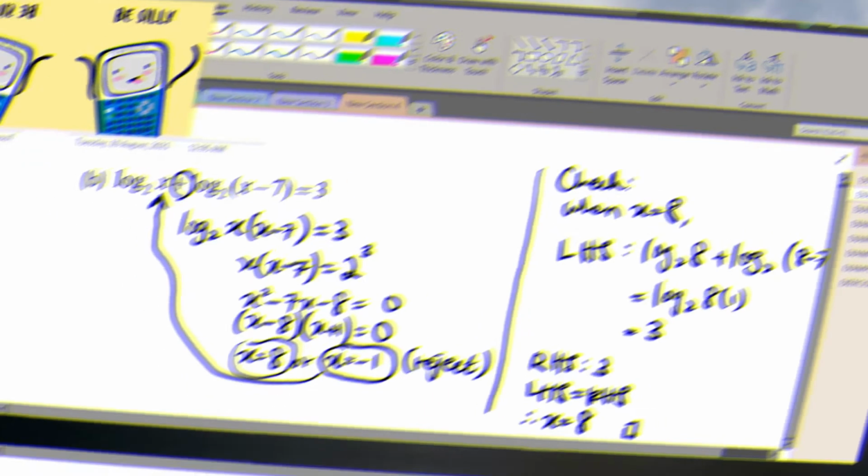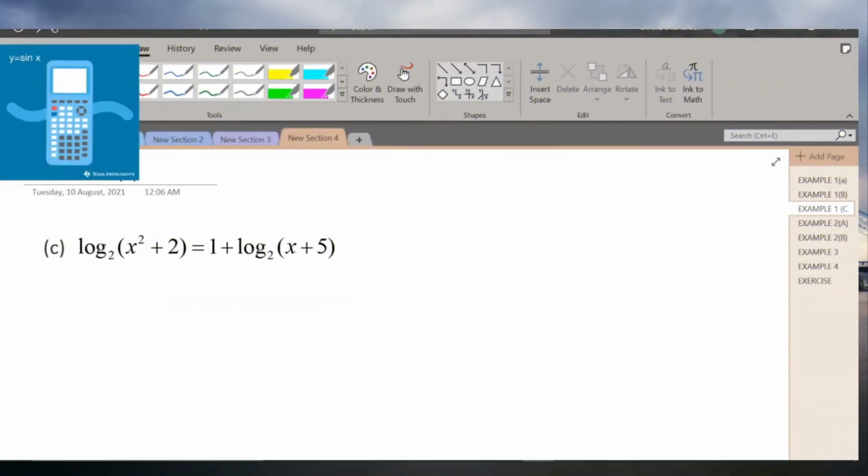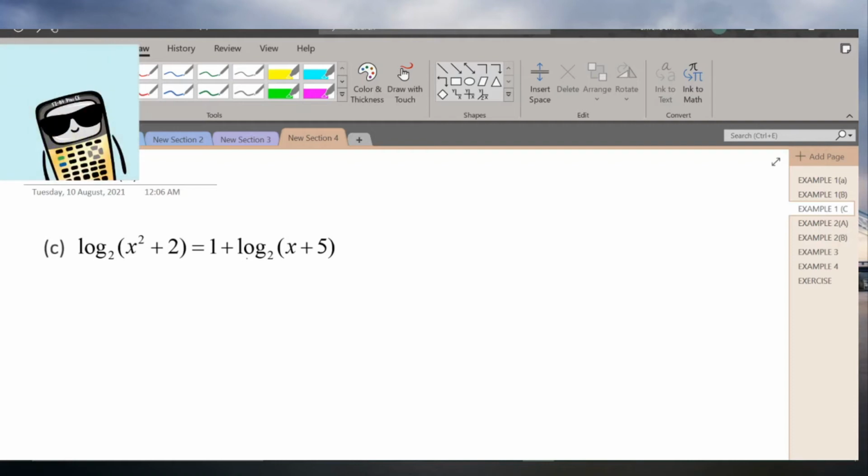Okay. Next, for example 1c, we have here log base 2 of (x squared plus 2) is equal to 1 plus log base 2 of (x plus 5). Okay, so this is a bit of a change up from the previous questions. Now we can use the strategy where we group the log terms into one side.